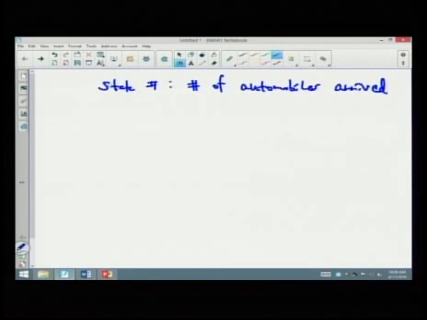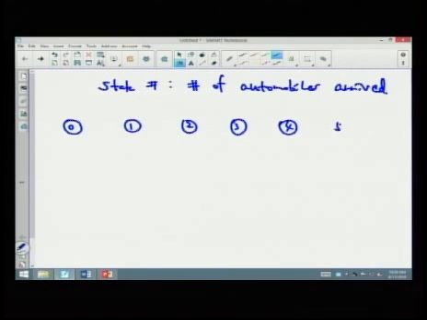Okay. So our state definition is the number of automobiles arrived at the gasoline station. We know that the capacity of this gasoline station is 6, right? So we're going to have 7 different states, starting from 0 to 6.